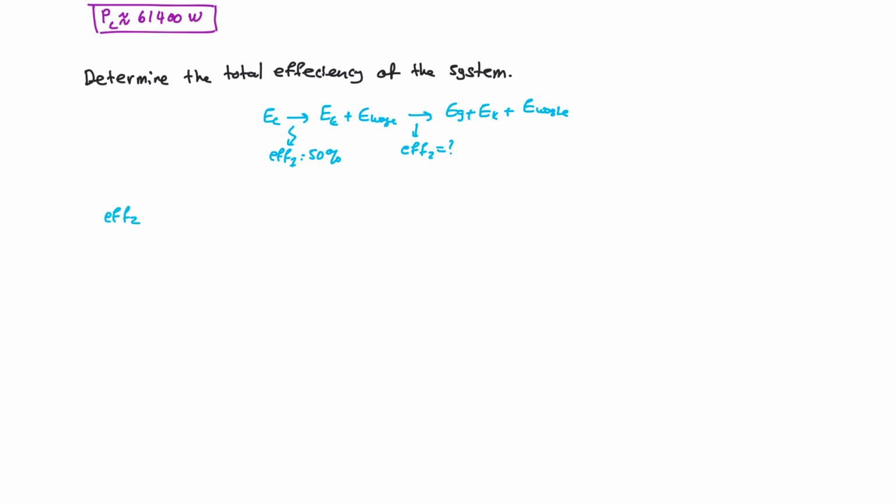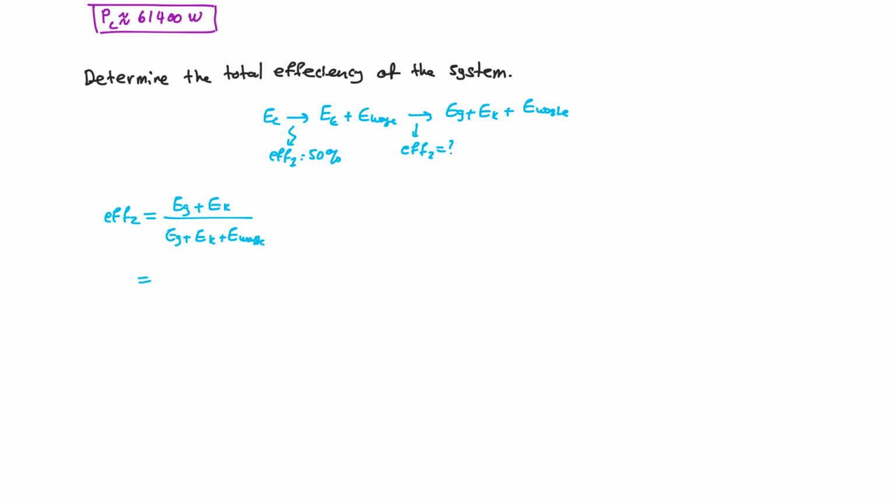I'm going to write method 1 in blue. It is going to be EG plus EK divided by the total energy of the engine, which is EG plus EK plus E waste, which is the frictional in this case.